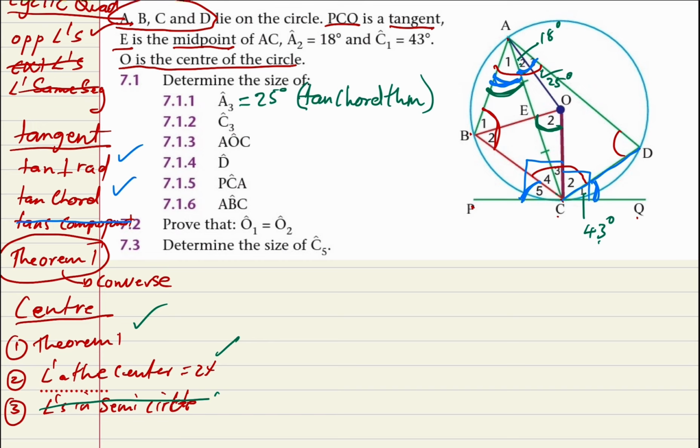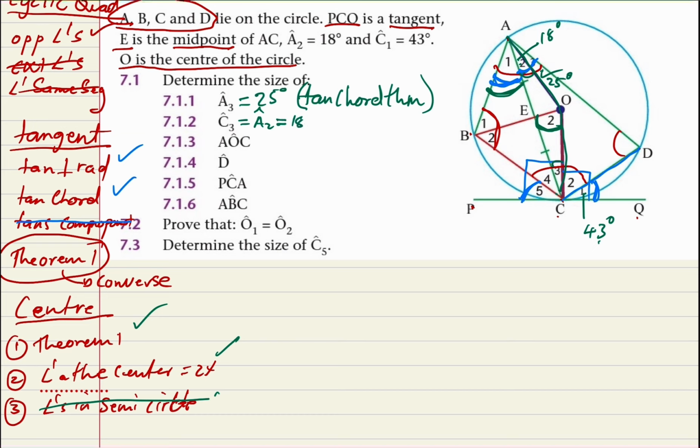Okay, now that is going to work for me. C3, where is C3? That is C1, C2, and C3. So now they're asking me for C3. Can you see an isosceles triangle here? This radius and that radius. That means this one is equal to this one. So I would say C3 is equal to A2, which is equal to 18 degrees.